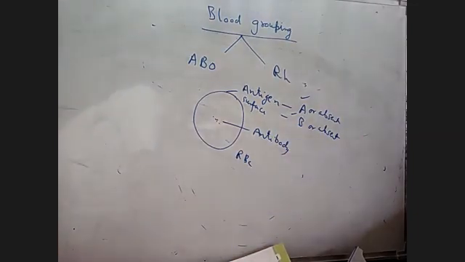Based on these two types of antigen, we can classify the blood into four groups: A, B, AB, and O.